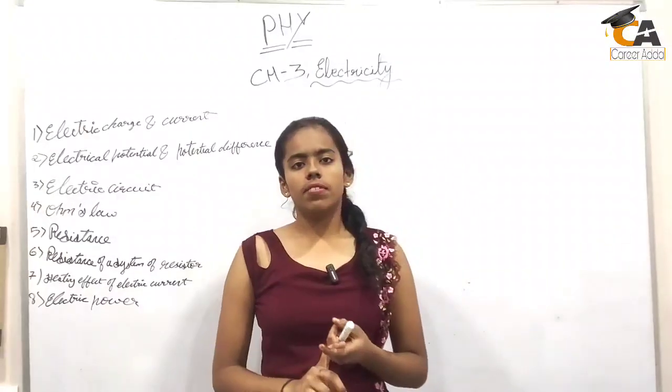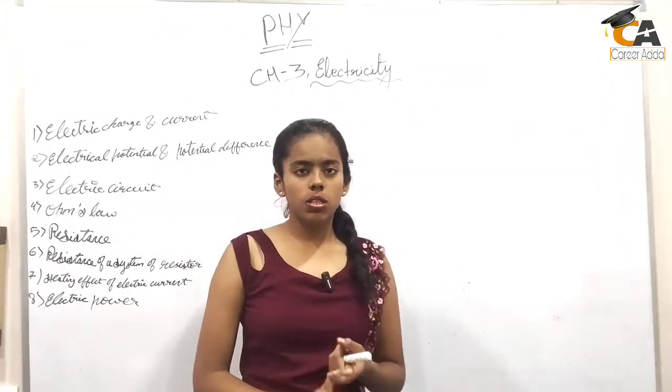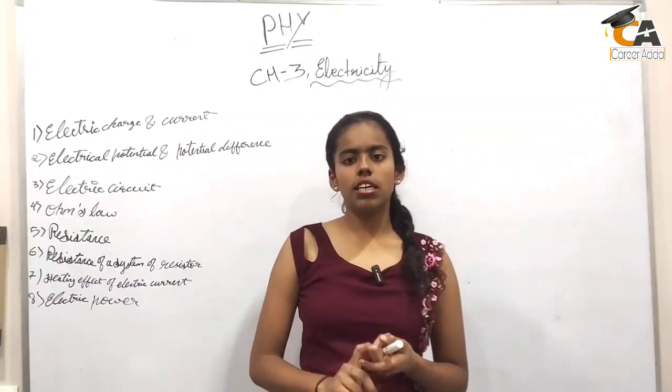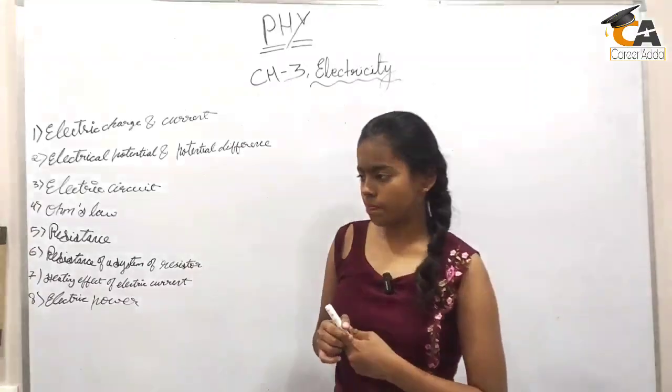And charges are of two types: protons and electrons. Protons are those charges which have positive charge present in them, and electrons are those charges which have negative charge present in them.